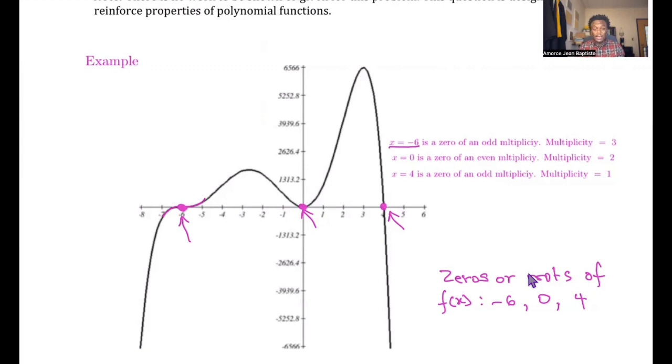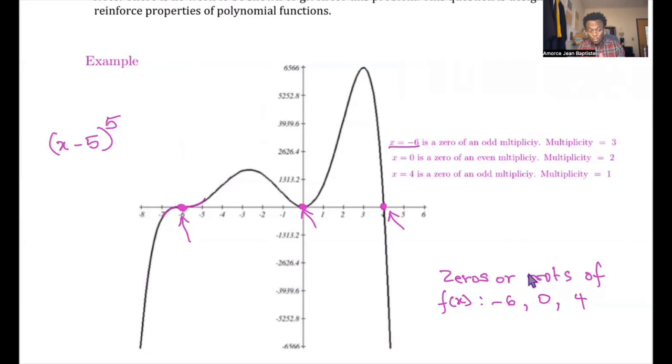Well, quickly we can say that the higher the odd multiplicity, or in general, the higher the multiplicity, the slower the effect on the x-axis. Let me explain that. Say I have x minus 5 exponent 5, we have a multiplicity 5.